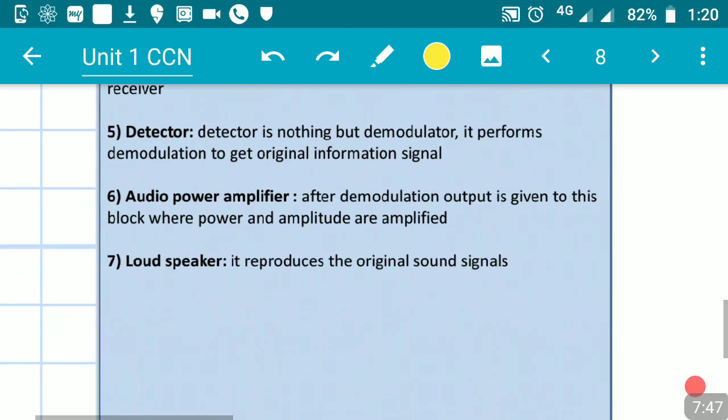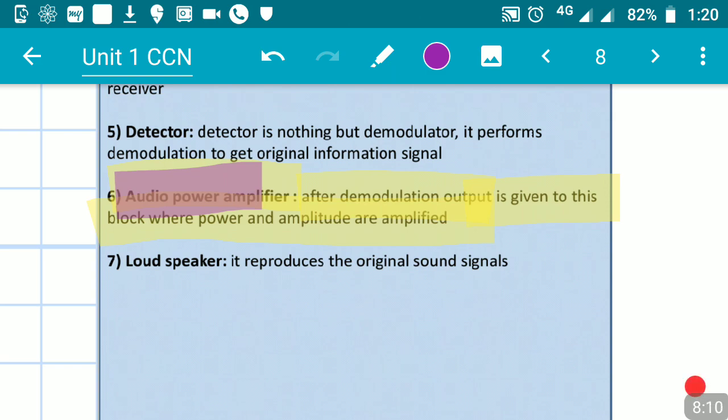Then we go to the audio power amplifier. After demodulation, the output is given to this block, where the power and amplitude are amplified. That is the function of the audio power amplifier. Then the next block is the loudspeaker.